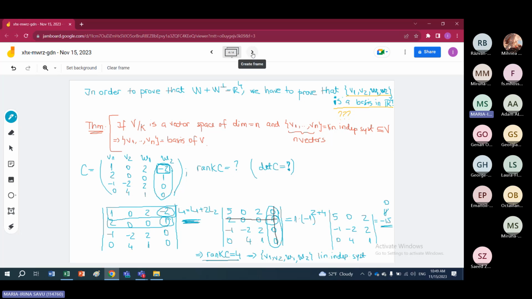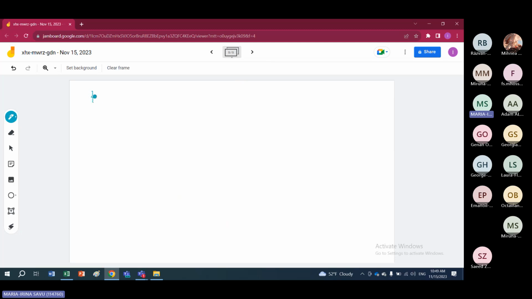So I'm going to write the details. You have that again V1, V2, W1, W2 is a linearly independent system. Here you have 4 vectors. The dimension of this space is 4.